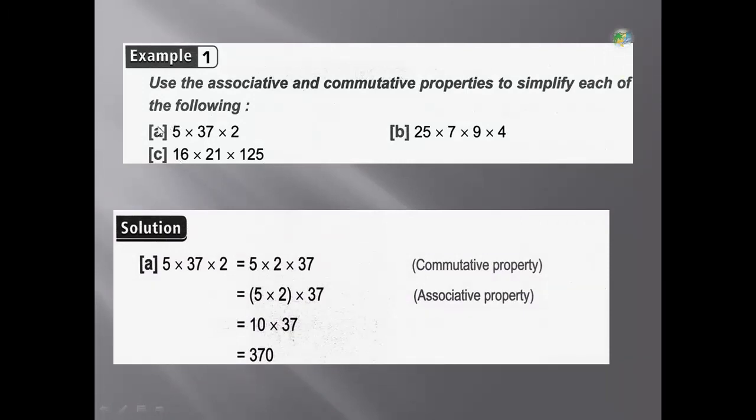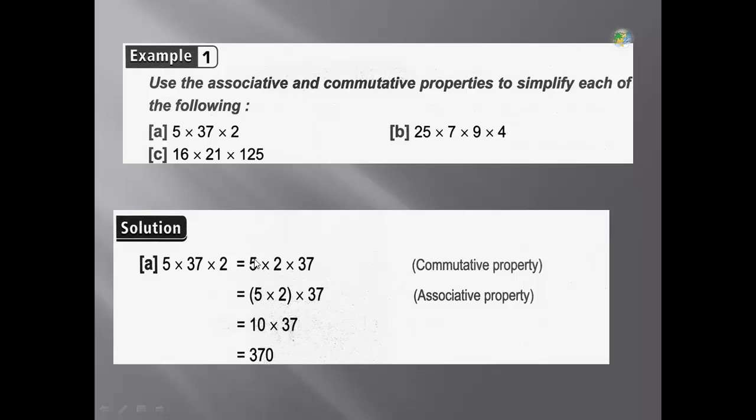The first step for number A, we use the commutative property. What does the commutative property mean? We change the place of the numbers. So we wrote 5 times 2 times 37, so we changed the place of the numbers, and this property is the commutative property. The second step, the associative property: we write a bracket between 5 times 2, and the answer is 10, times 37, which equals 370.